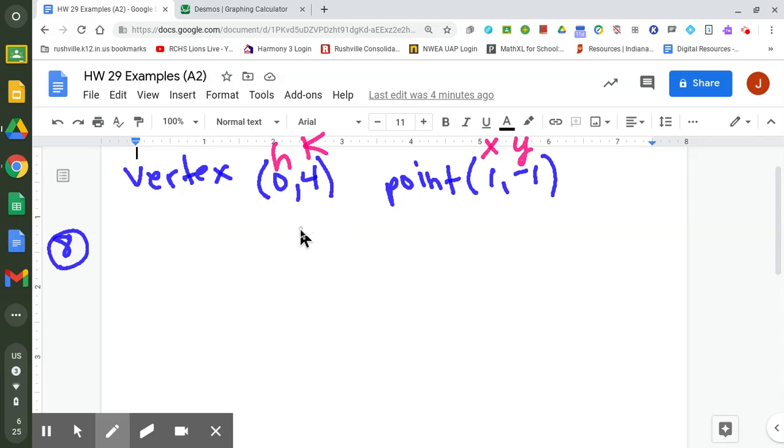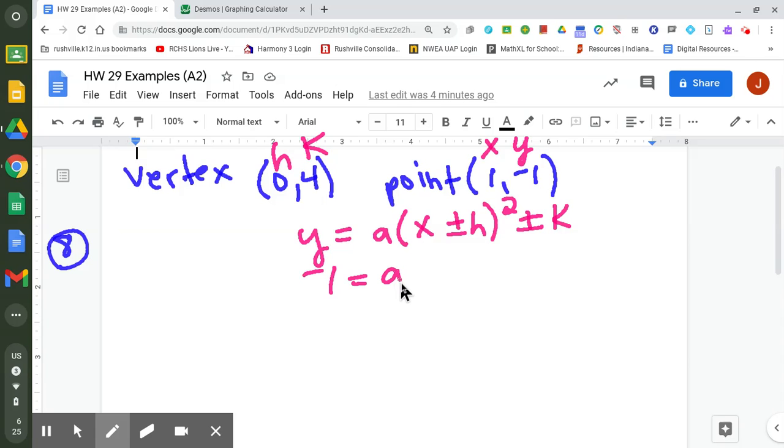So again, my formula was y equals a, x plus or minus h, squared, plus or minus k. And we put that because we don't always know what they're going to be. So the y is negative 1. We don't know the a. The h is 0, which is really neither positive or negative. And then the k is plus 4.